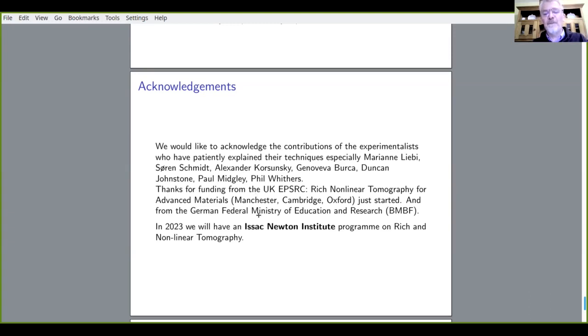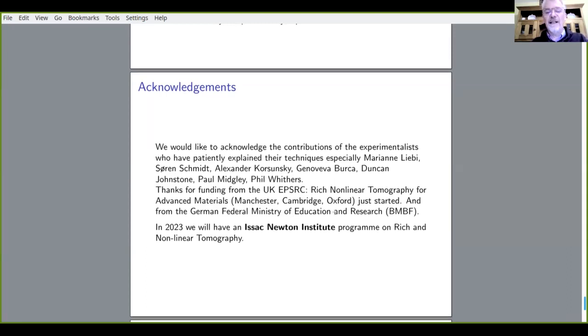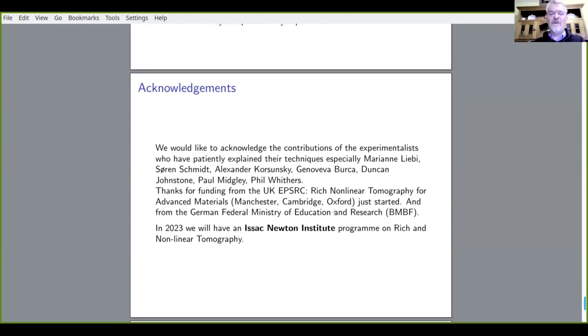Evelyn is funded also by the Japan agency. And in 2023, probably the first half of 2023, we've got a program on rich and nonlinear tomography at the Isaac Newton Institute, where many of these discussions will continue, having made some progress and possibly also got stuck somewhere. Okay, that's it for me. I think it's over to questions.